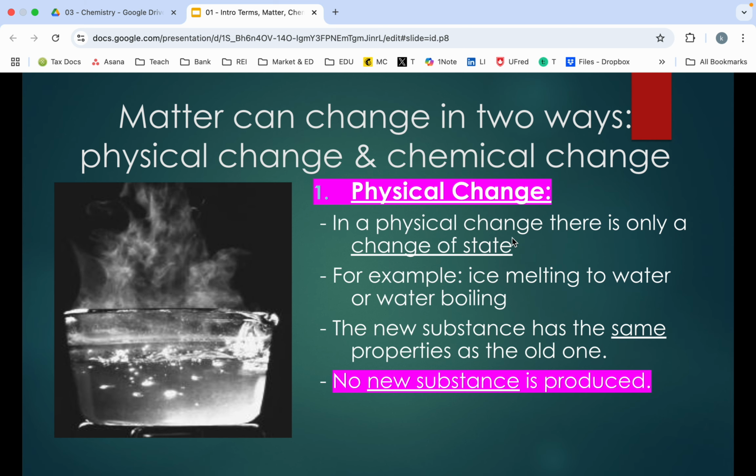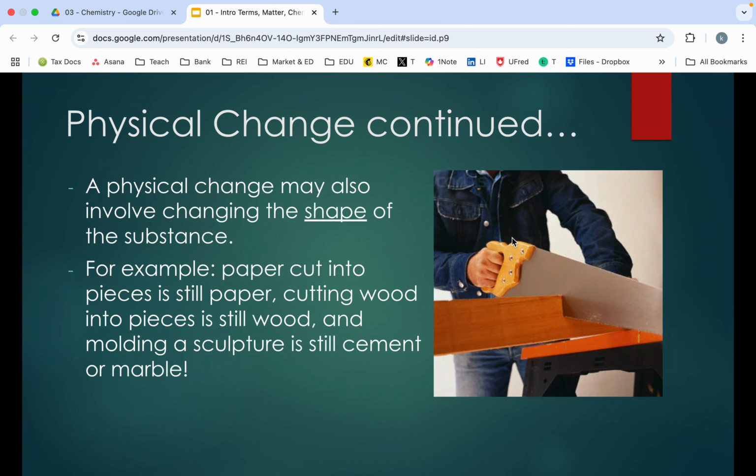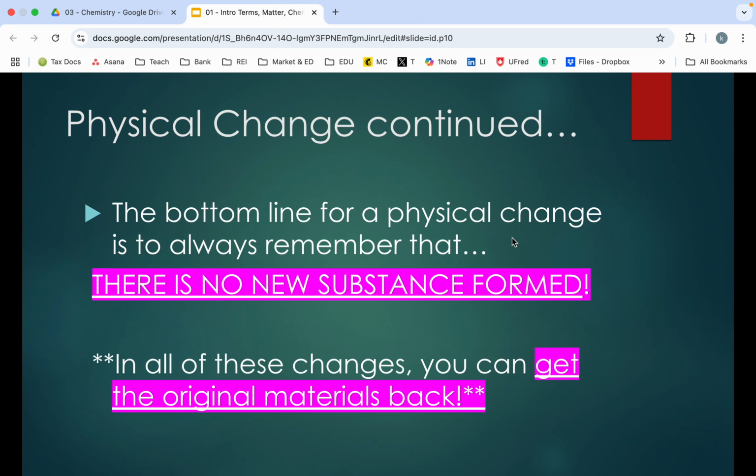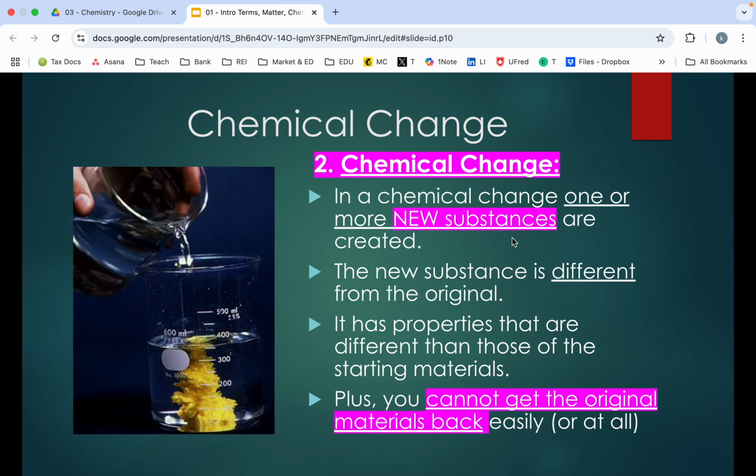And if there is a new substance, it is not physical. It would have to be chemical. So examples of this are cutting up wood, tearing up paper, all that sort of stuff. I gave you the change of state examples before. Super critical, like I said, no new substance formed, and you can actually get original materials back. And it's usually fairly easy to get the original materials back.